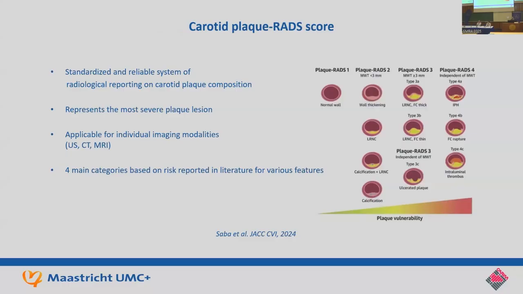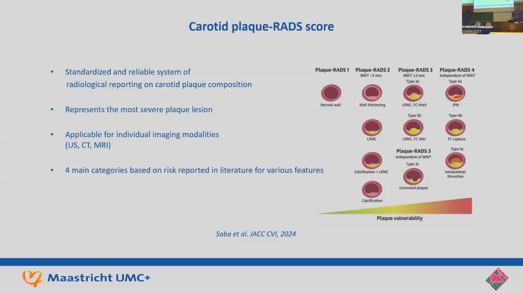So there are many features of plaque vulnerability, and therefore recently Luca Saba and collaborators published a paper where they proposed a novel system for radiological reporting of carotid plaque composition. And this score represents the most severe plaque lesion.